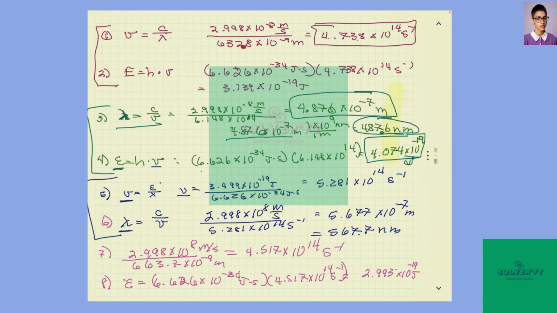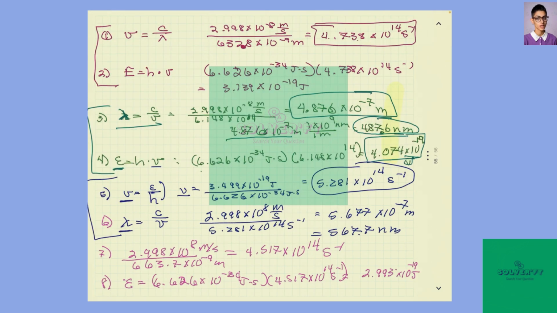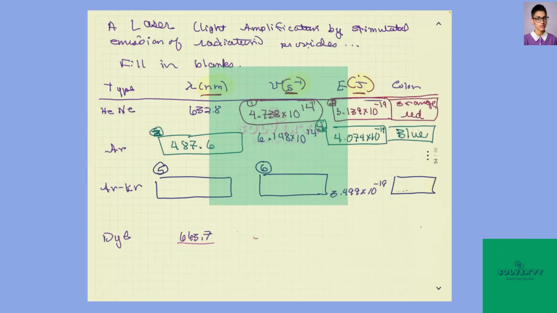For frequency, I take energy divided by H, which I've done right here. I get 5.281 times 10 to the 14th.